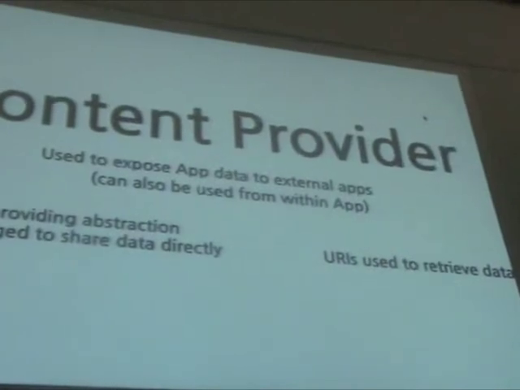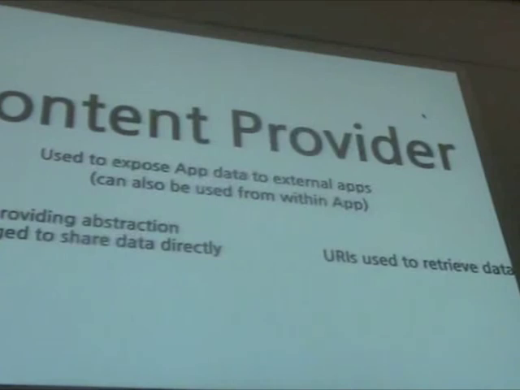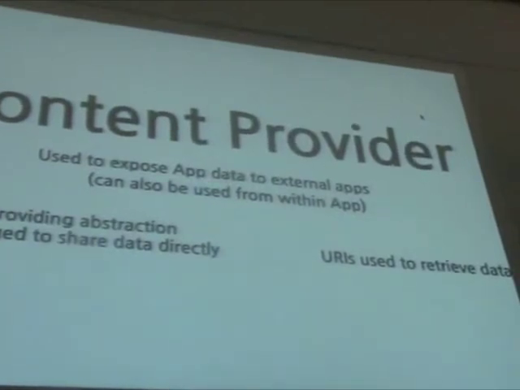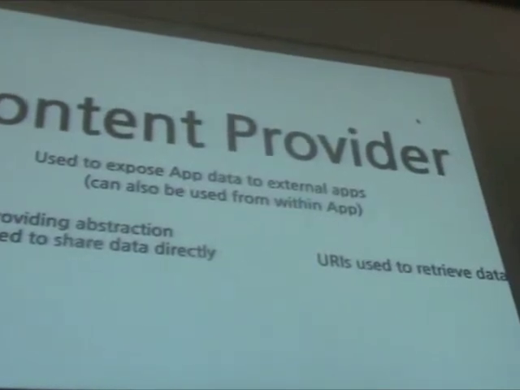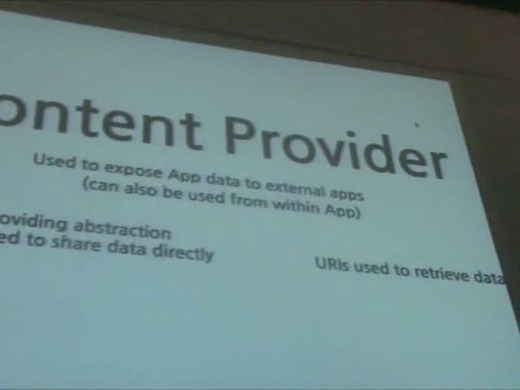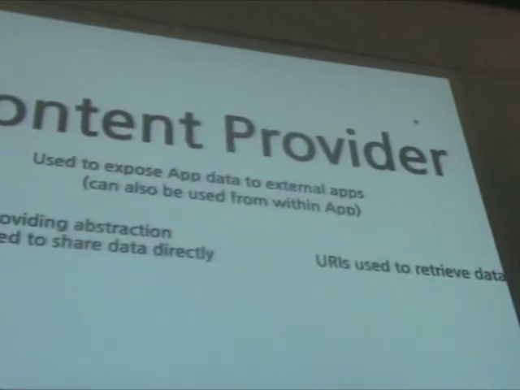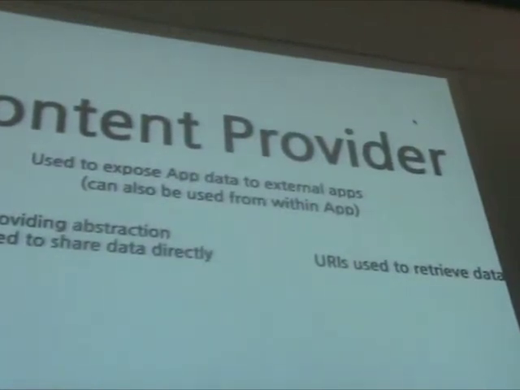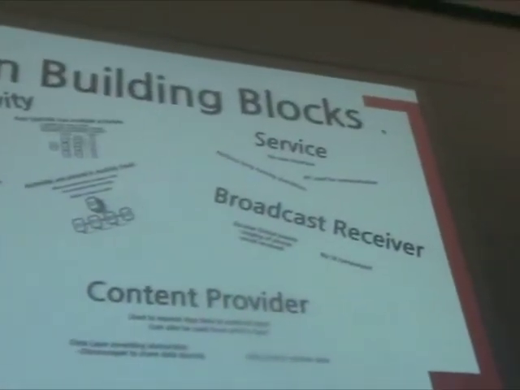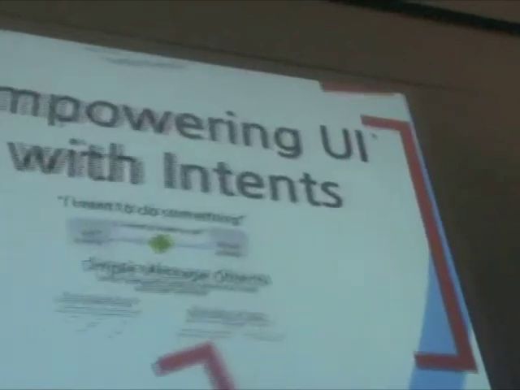Because this content provider acts like a data layer, providing abstraction over the actual storage of the data. And Android discourages sharing data directly. You should always go through a content provider. So those are the main building blocks of Android.